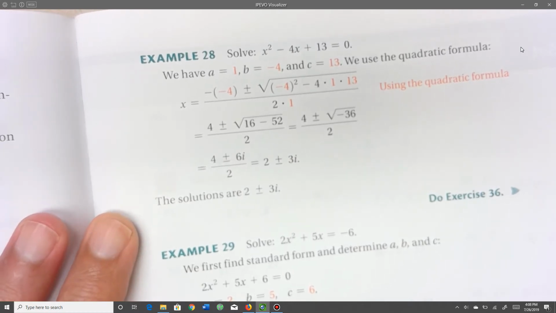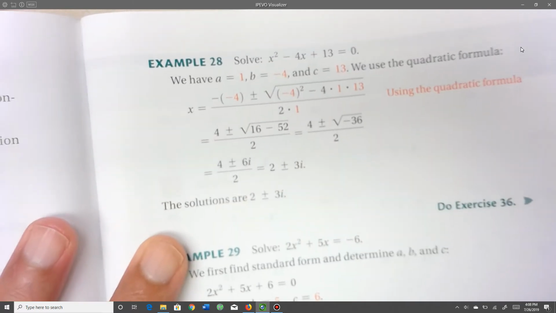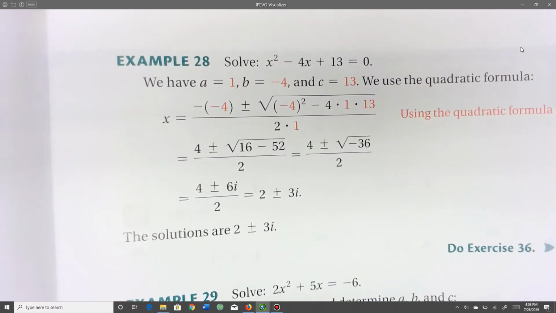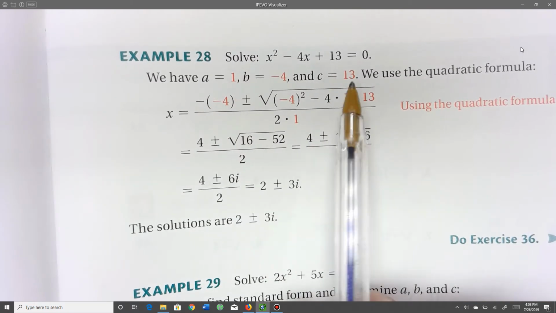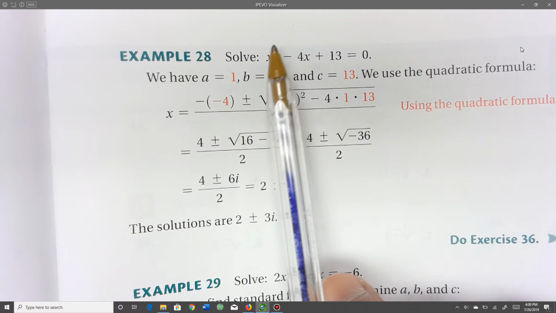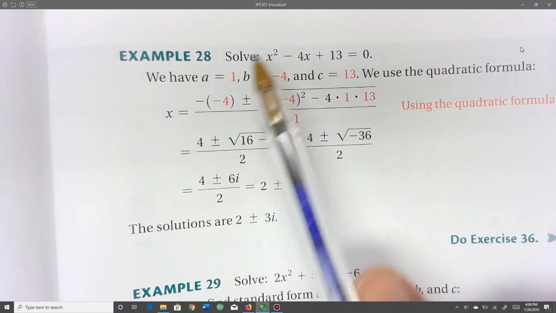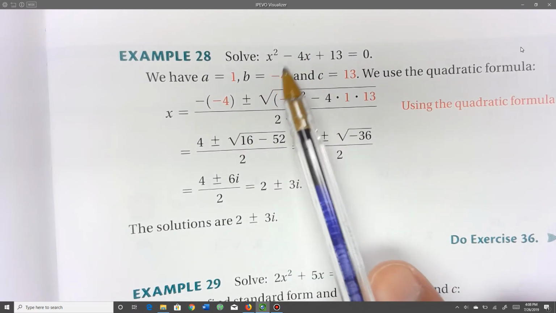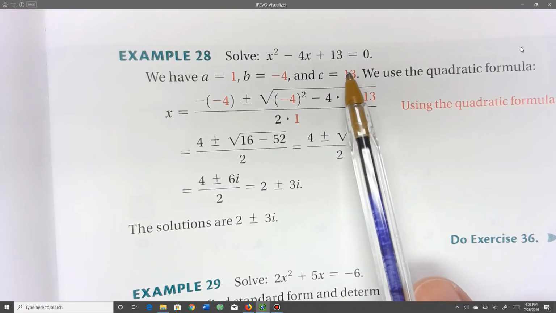In this case, we think about the coefficients of the terms as A, B, and C. Coefficient 1 here is my A, so A equals 1. B is -4, include the signs. C is +13.